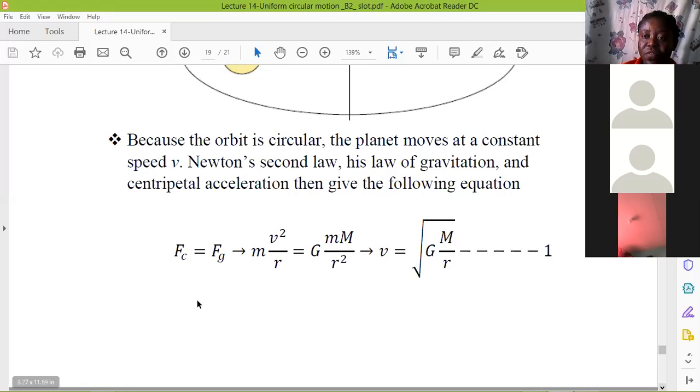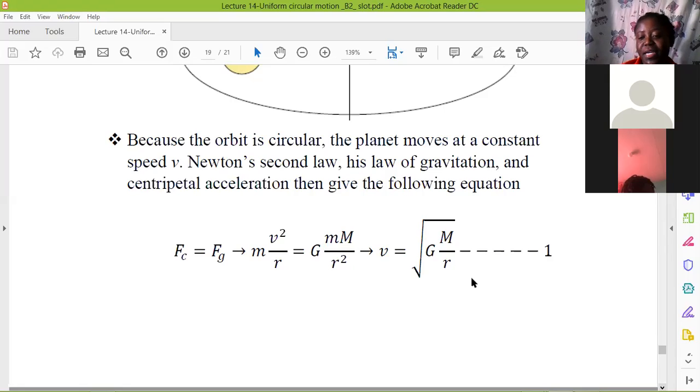Making use of that, we know our centripetal force from before is given by the mass times the speed squared divided by r. So as that object revolves around another object with a mass M, we find that the velocity it rotates with is equal to the gravitational constant times the mass of that object divided by the radius squared.